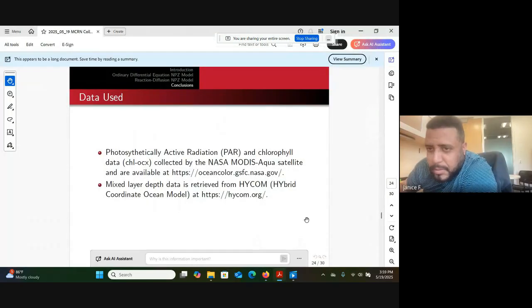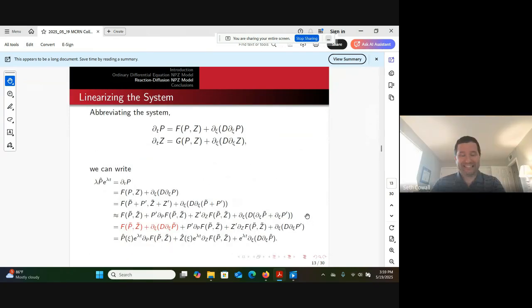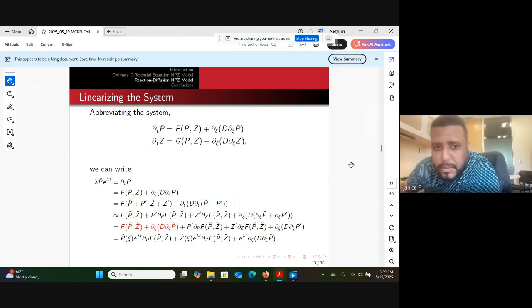Thank you for the great talk. So if you go back to slide 13. My understanding is you're trying to linearize about a steady state. So when you say equilibria, you mean you're trying to find the steady states of the system, yes? Okay.